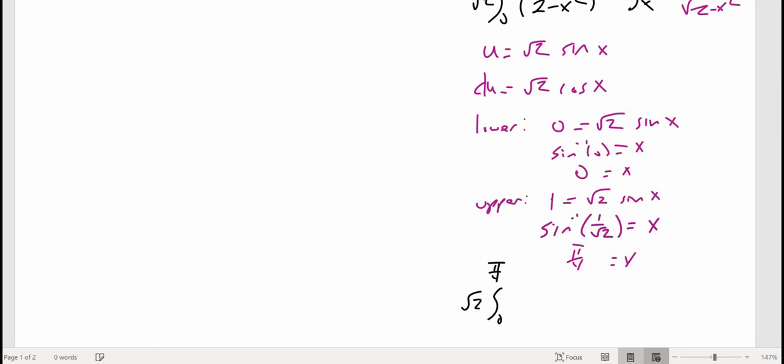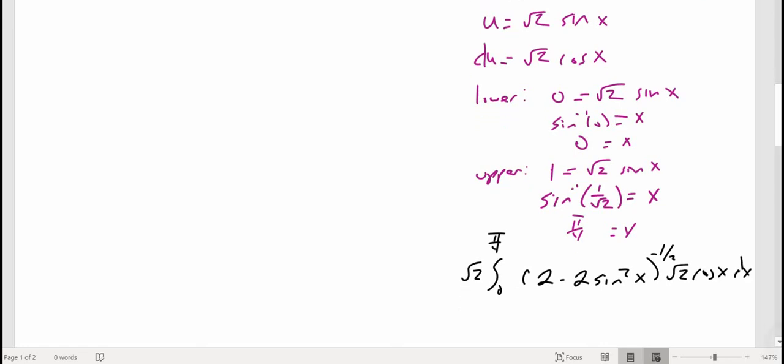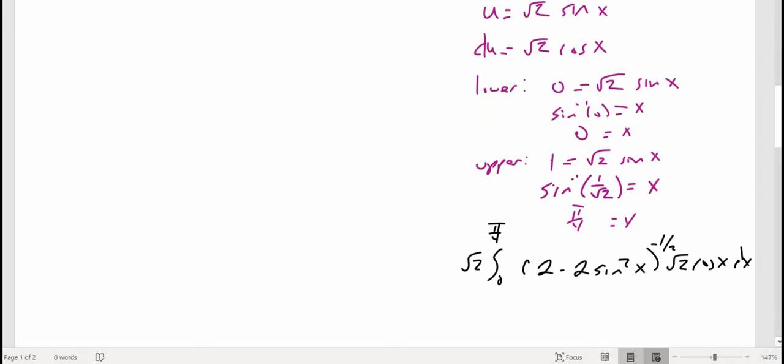So now when I make those substitutions, we'll go from 0 to pi over 4. We'll just have that square root of 2 out here, and that's going to be 2 minus 2 sine squared of u to the negative 1/2, and the dx is times square root of 2 cosine of u. Now, I probably should have used a different variable instead of x's, to be honest.